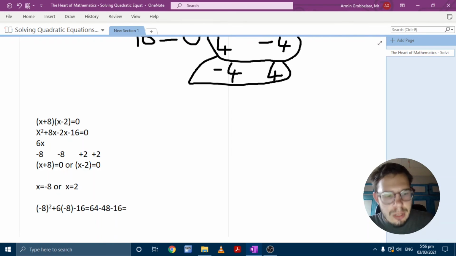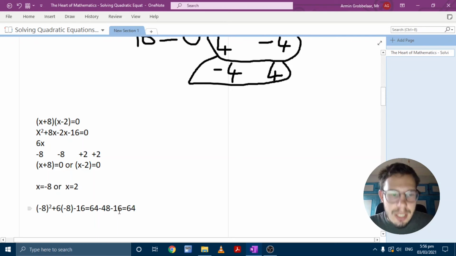Now minus 48 minus 16 is minus 64, and 64 minus 64 is 0. So I know the x equal to minus 8 is the right answer.